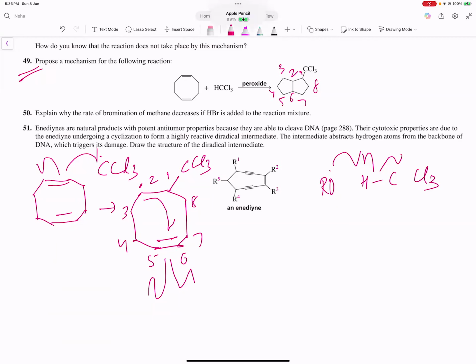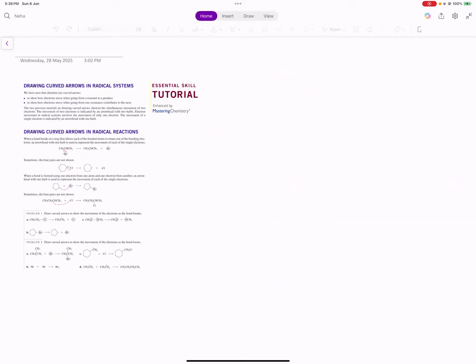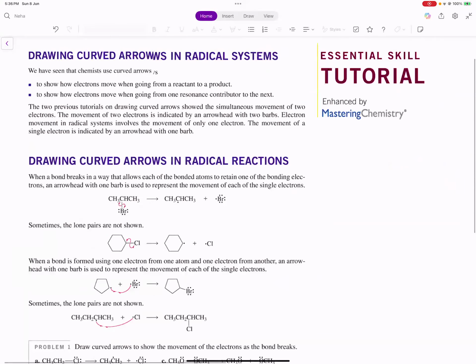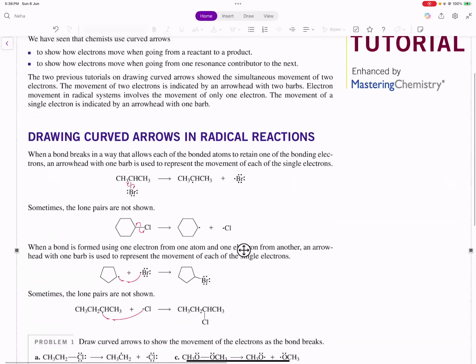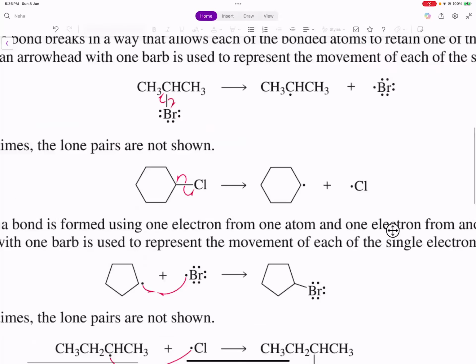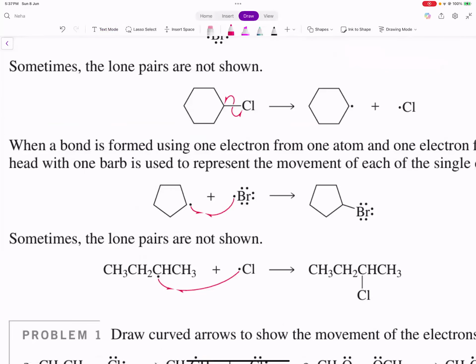So that's it, I think we are done. Again, Neha, you can go through this and draw the curved arrows for how we have to draw them for radical reactions. We know this half arrow, half bow, and sometimes the lone pairs are shown, sometimes the lone pairs are not shown.